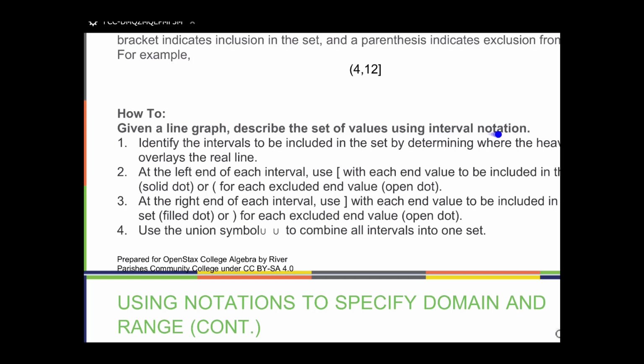Identify the intervals to be included in the set by determining where the heavy line overlays the real line. At the left end of each interval, use a bracket with each end value to be included in the set, a solid dot, or for each excluded end value, use an open dot. Same thing for the right end, and then use the union symbol to combine all the intervals into one set.